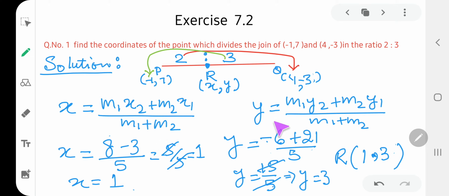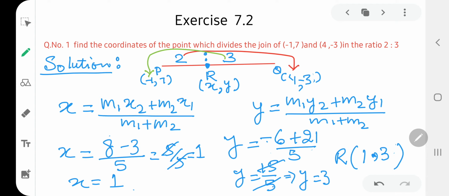We also want to find y, so in case of y, m1 then y2, m2 then y1, and in between, since you are finding the coordinates, the sign is plus, divided by m1 plus m2. In both the cases it is to be divided by m1 plus m2.